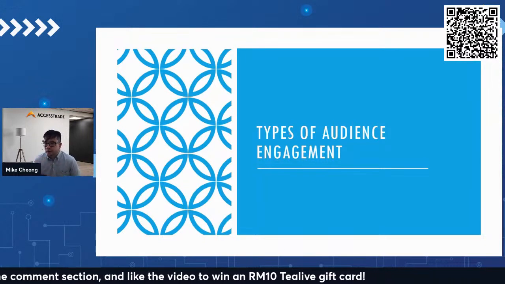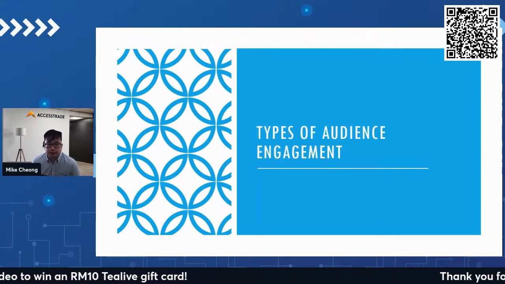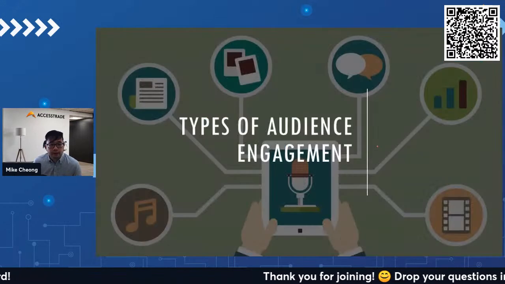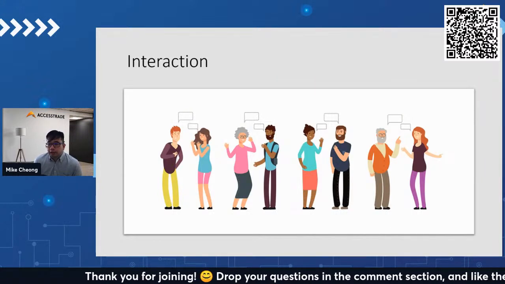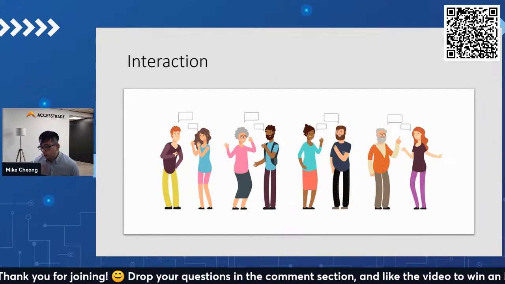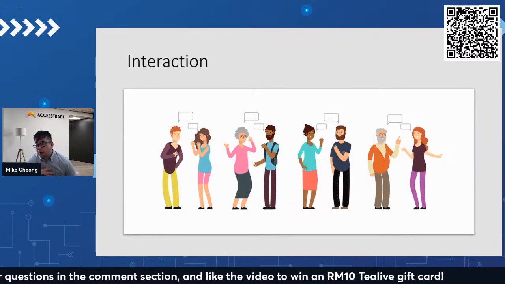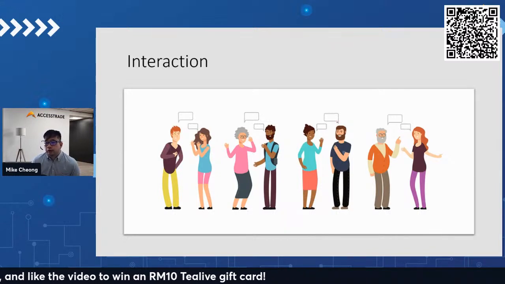You can always put your questions here, and hopefully I can answer you later. So what are the types of audience engagement? We have interaction. Interaction is not just talking to each other, but having dialogues, where one person answers another, and there is some sort of connectivity.